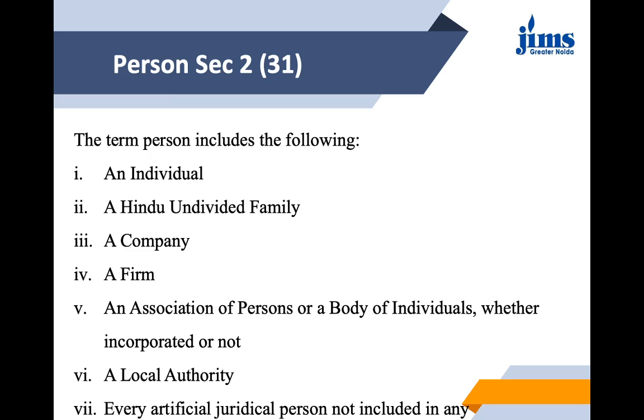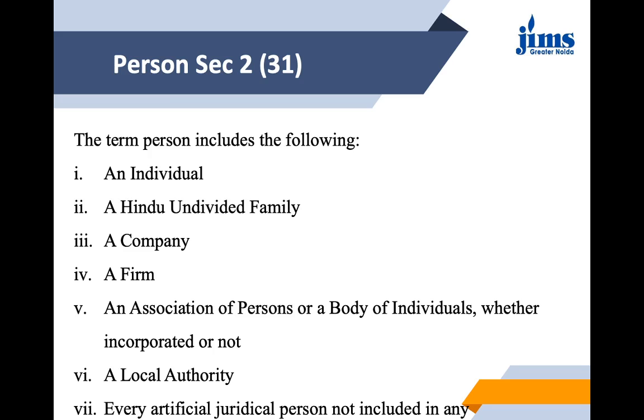Then we have a company, and I hope you all know the meaning of the term company. It's a very usual term for you all. Then we have a firm. I hope you know the difference between a firm and a company. Company is registered under the Companies Act, and a firm can be a proprietorship firm or a partnership firm. Now let us see the last 3 parts.